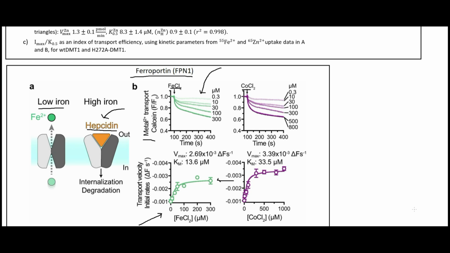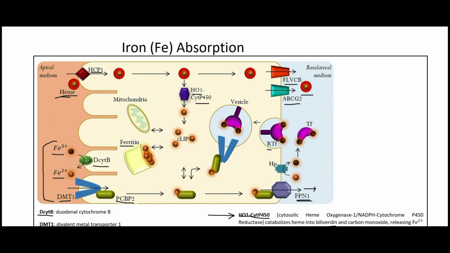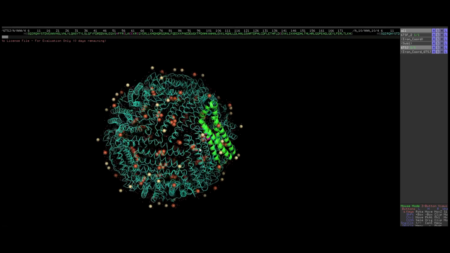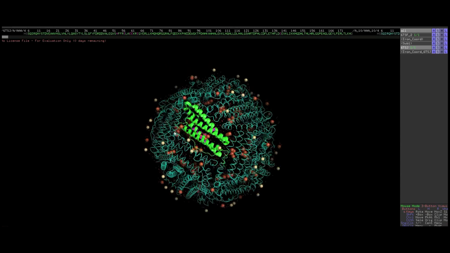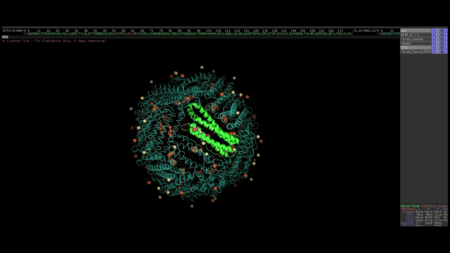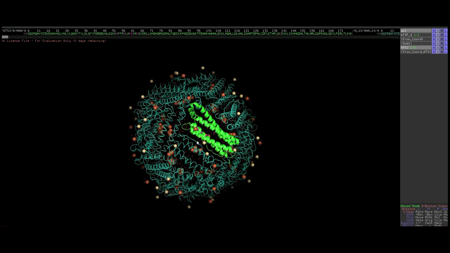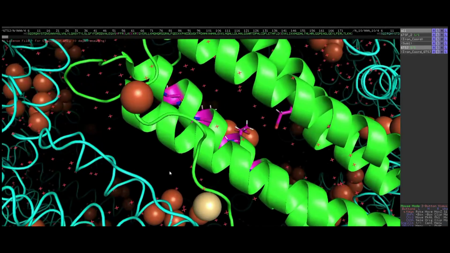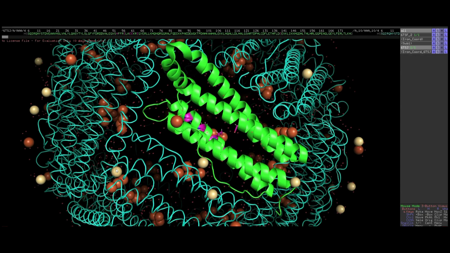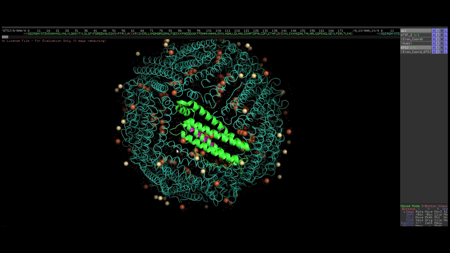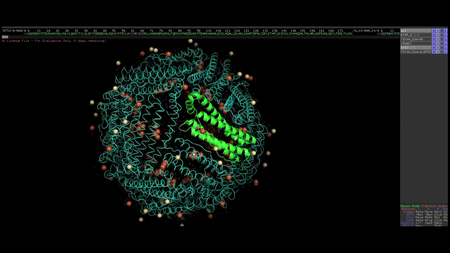So the other thing I wanted to show, so remember up here I talked about this ferritin, and so I have the structure for that here. So we can see this is kind of a large sort of spherical protein here made out of multiple subunits. So I have here in green just one of the subunits for that. And all these orange spheres here are iron. So this was taken, I believe, when it was soaked in iron for 15 minutes.